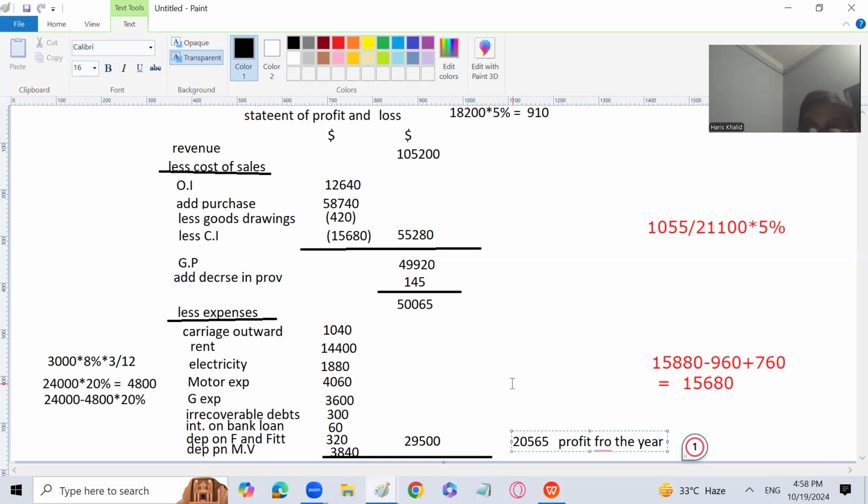Let me go for the total of expenses once again, so that I should not make it incorrect because of any other problem. 1040 plus 14,400 plus 1880 plus 4060 plus 3600 plus 260 plus 320 plus 3840. 29,500 is the right answer. We will subtract it from the revenue, and you will get the answer.